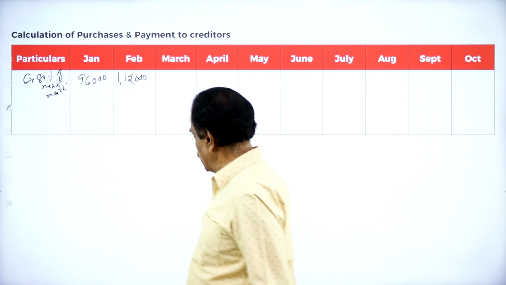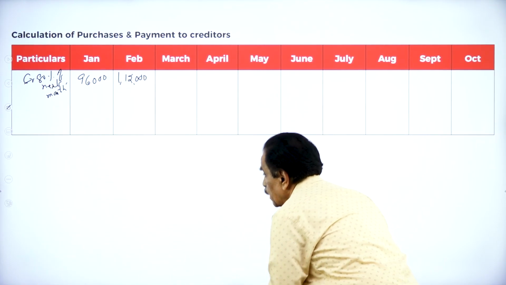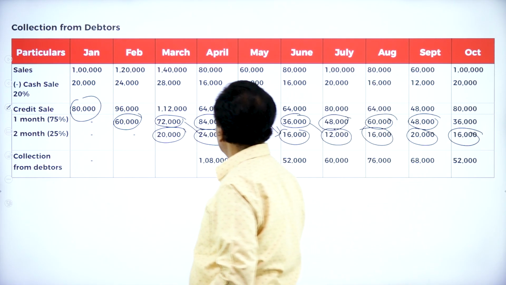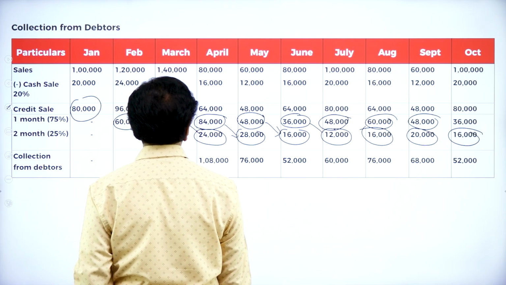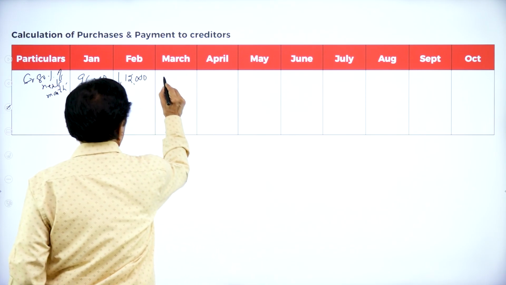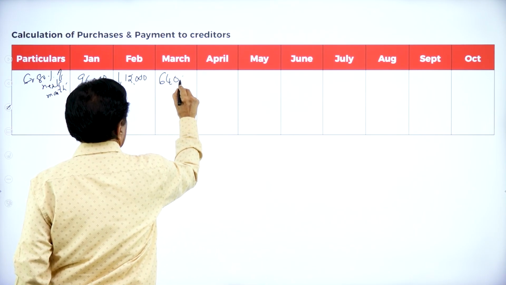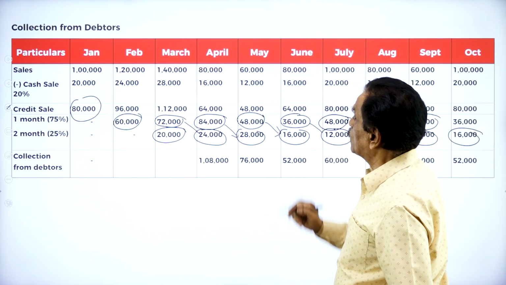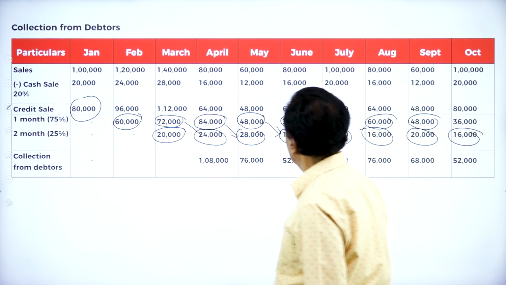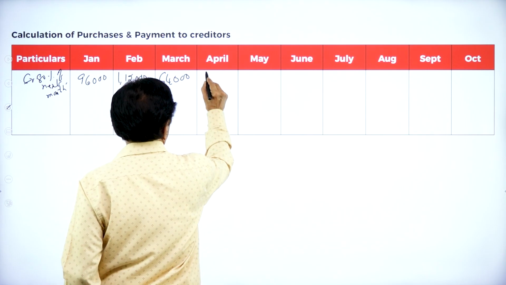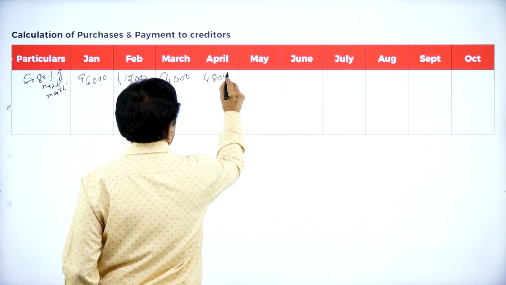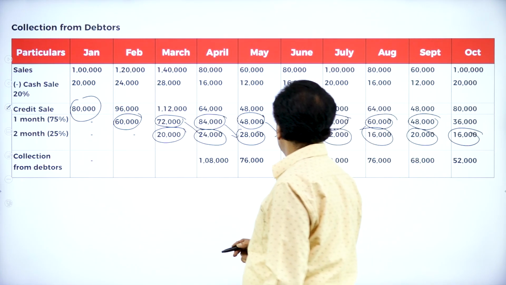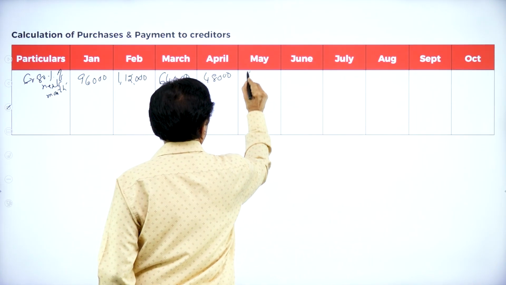Then look at April. What's your April sale? 80,000. So 80% means 64,000 to March. Then May, you got 60,000. 80% means 48,000. Then June, 80,000. 80% means 64,000.